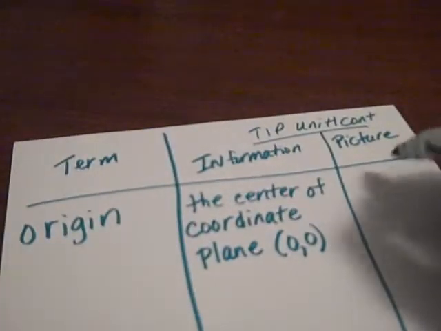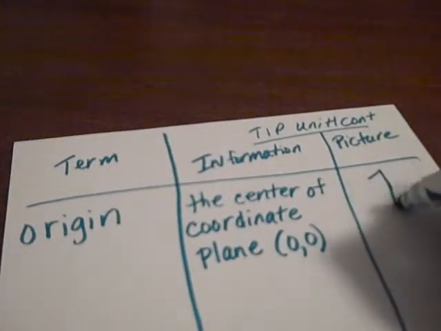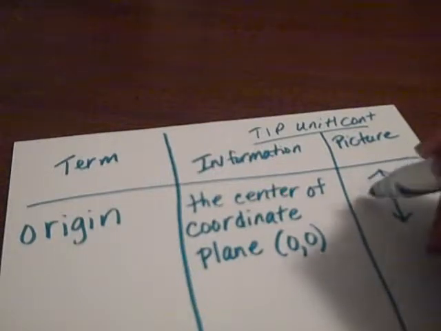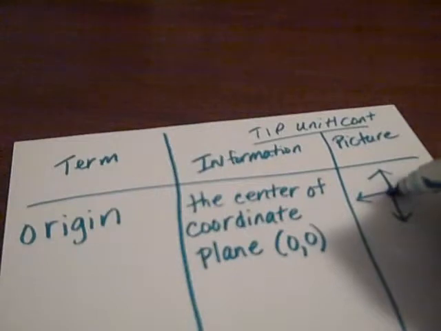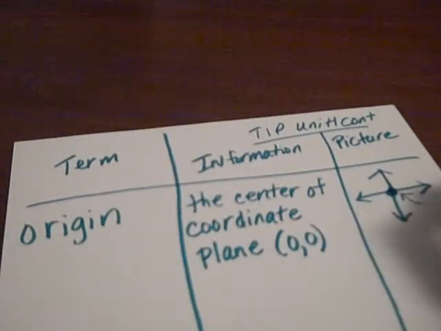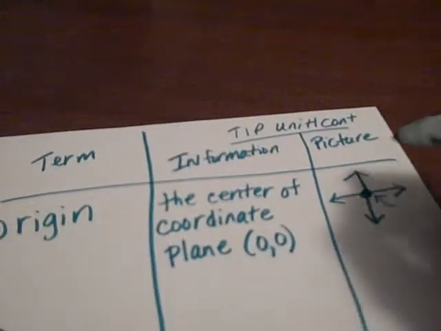A picture that illustrates this would be my y-axis and my x-axis, and it's that one single solitary point where the x-axis and the y-axis intersect.